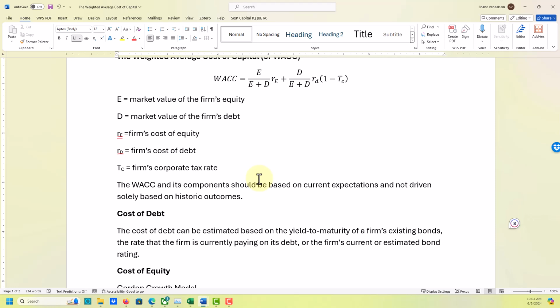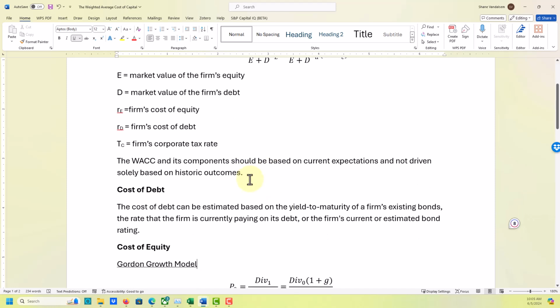This also comes into play when we talk about the cost of debt, because at the time that I'm recording this, mid 2024, we've had a lot of changes in the cost of debt for firms and for the government, and society in general, over the past decade. So we're going to talk a little bit about that and why we shouldn't rely so heavily on what it has been in the past.